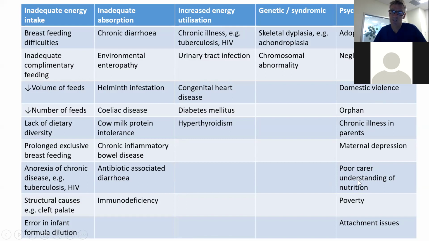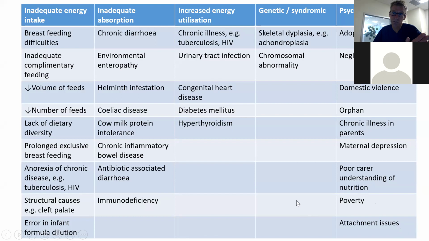They'll have an inadequate understanding of complementary feeding, or they may not know how to properly make up infant formula if the baby's formula fed, for example. So you need to go back and really understand whether or not the parents have a good understanding of nutrition. And then there's poverty, and sometimes there'll be attachment issues as well, where if there's a lot going on in the lives of parents, they may not be as nurturing for their infants.